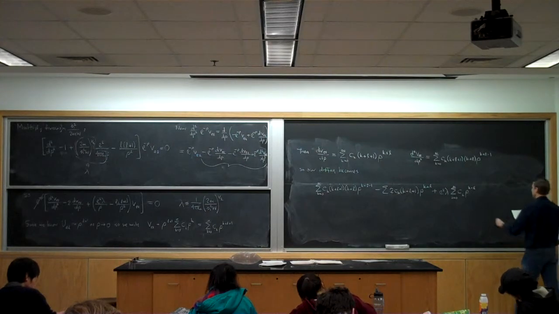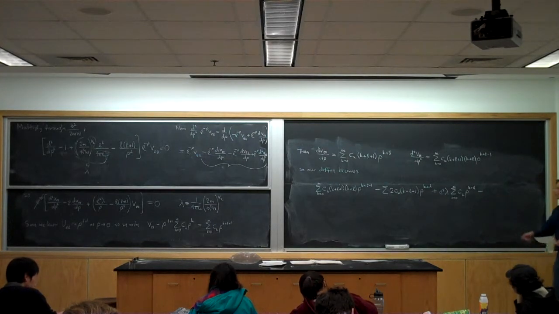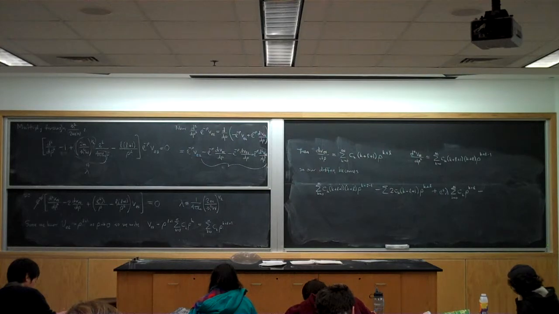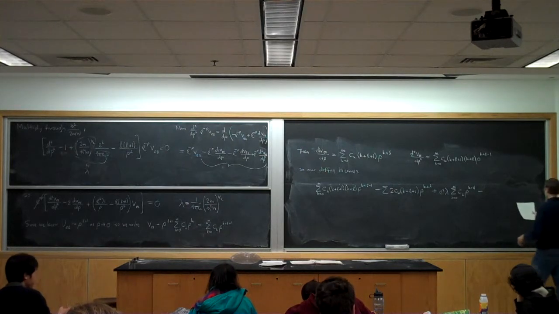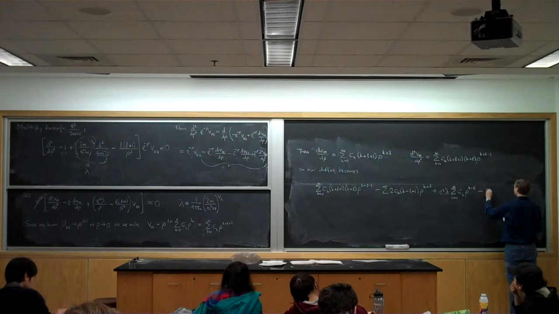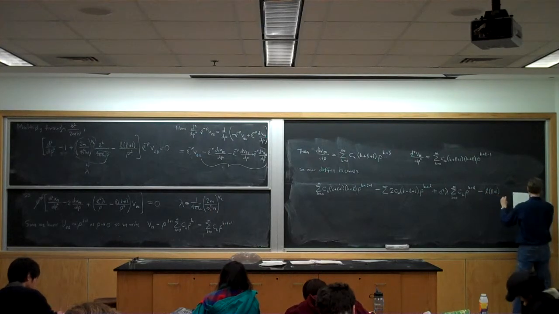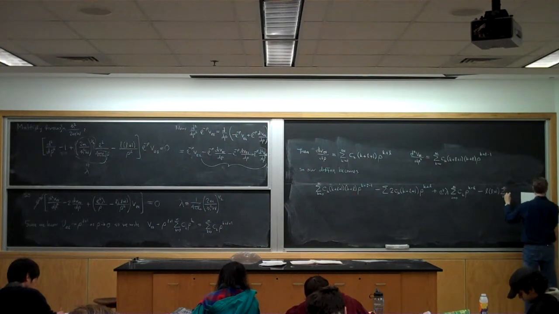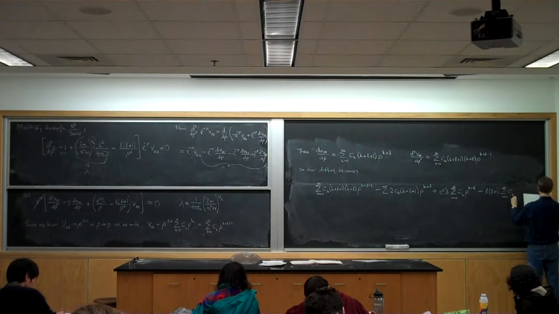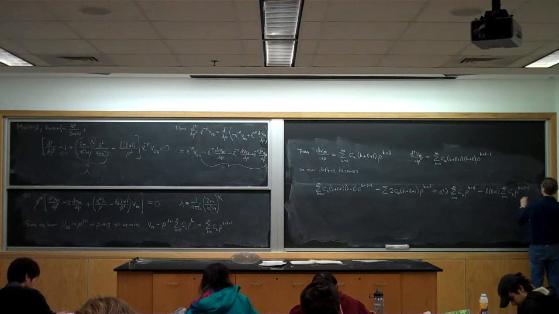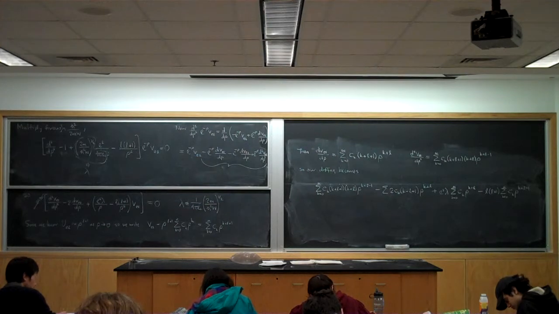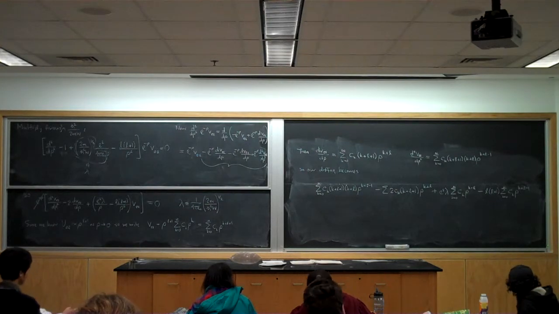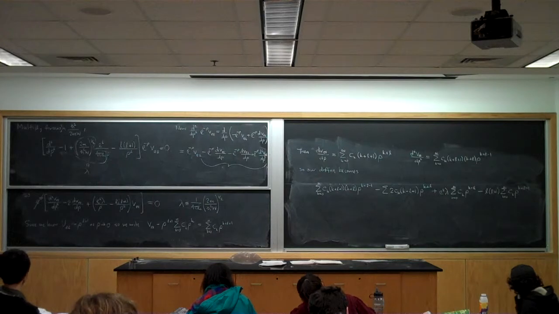And then, on the last term, I'm dividing through by rho squared, so every term has the power of rho diminished by 2. So the last term becomes minus L times L plus 1, sum from k equals 0 to infinity of c sub k rho to the k plus L minus 1, because I've divided rho to the k plus L plus 1 by rho squared, so I subtract 2 from the exponent to make it rho to the k plus L minus 1.